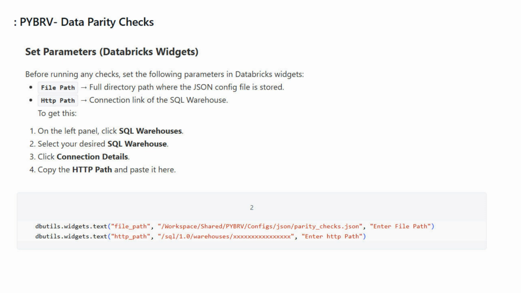Running the notebook executes the parity checks defined in the JSON file and saves mismatch details in the table PYDPC attribute mismatch details. By querying this table, you can clearly see which records failed to match between source and target. This makes it incredibly easy to track down data discrepancies during migrations or integrations.